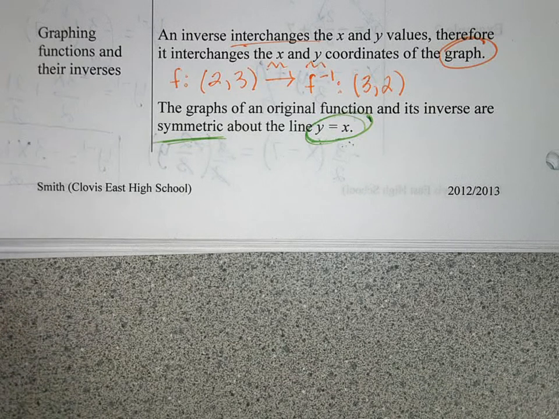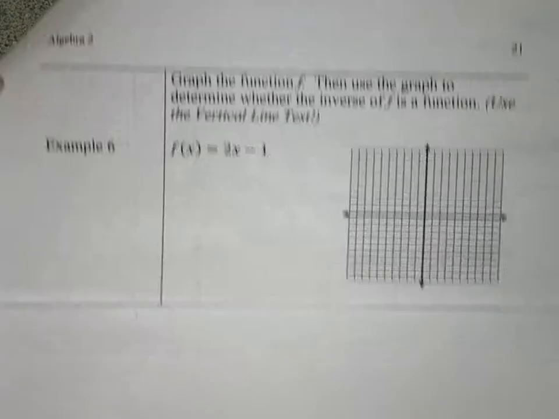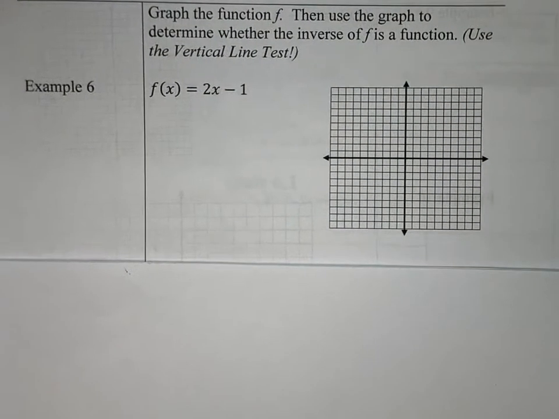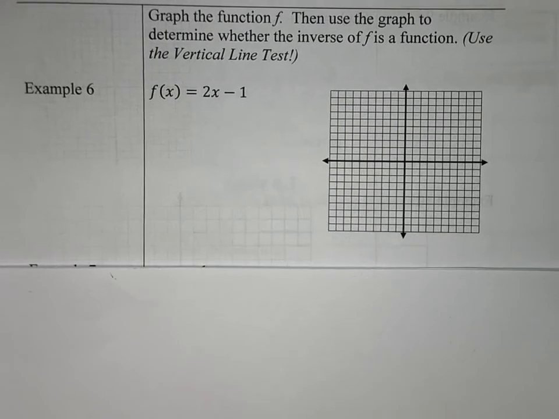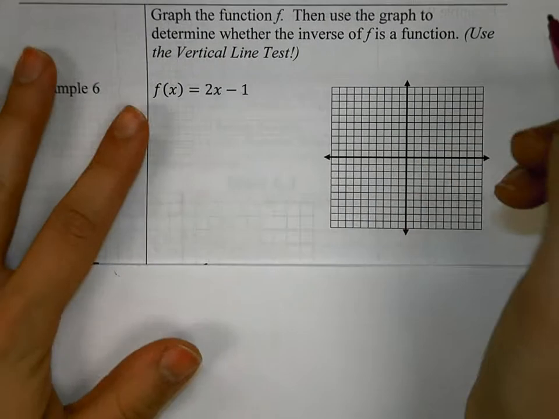notes. Okay, guys. We are going to do one graph, so you can go ahead and set up your axis right now. Okay. So we're doing one graph, and then we will be done. For this problem, we are going to graph the function. We're going to use that graph to graph the inverse. And then we have to determine whether the inverse is a function, and you're going to use the vertical line test for that.